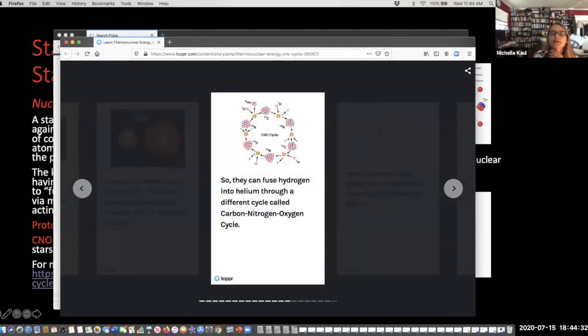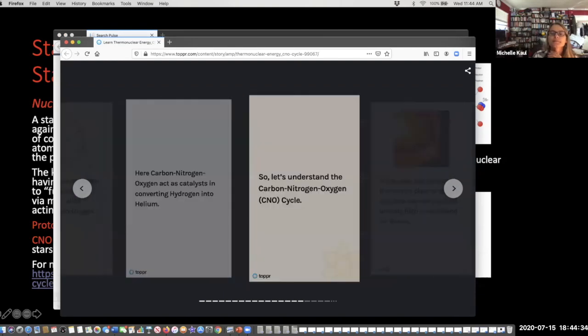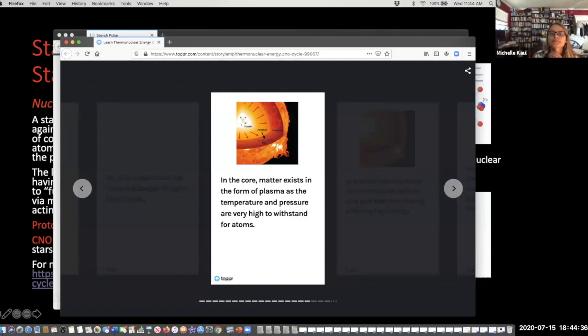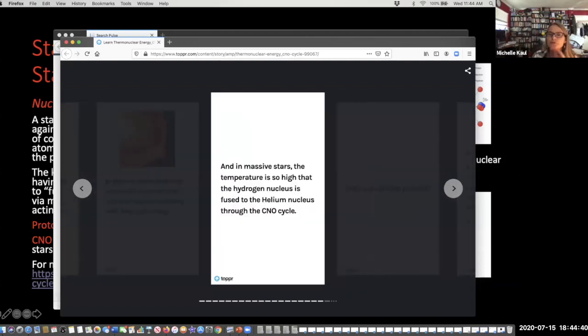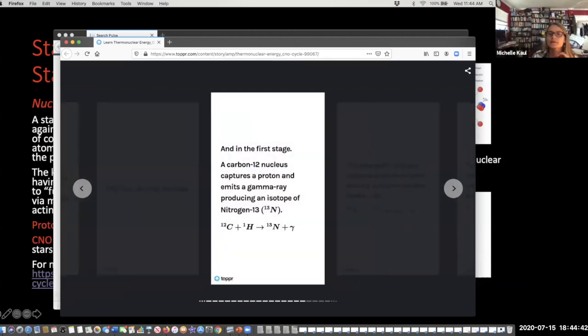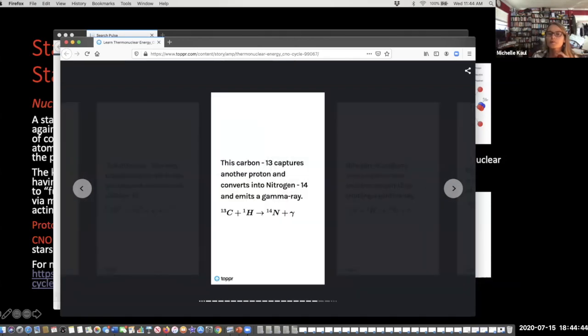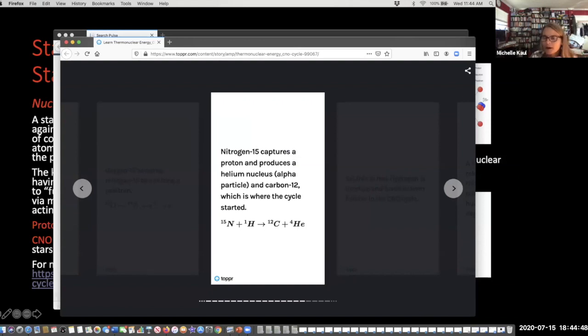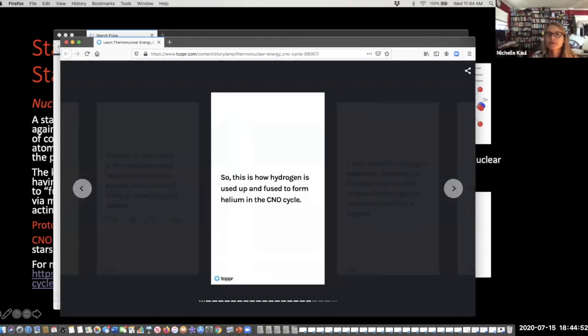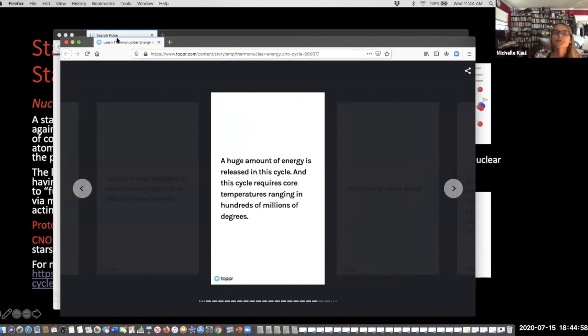It goes through some more of the steps of the CNO cycle, all 6 of the reactions that occur. That's a little much for this class, so you're not responsible for knowing all 6 of those reactions, but just understand what the CNO cycle means. And then you could explore that some more.